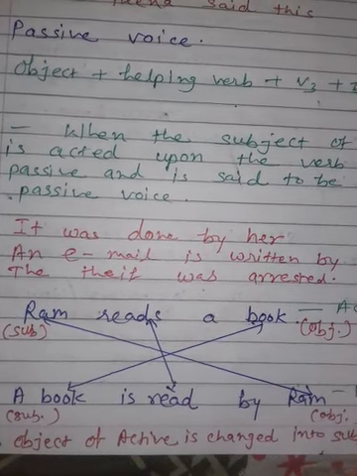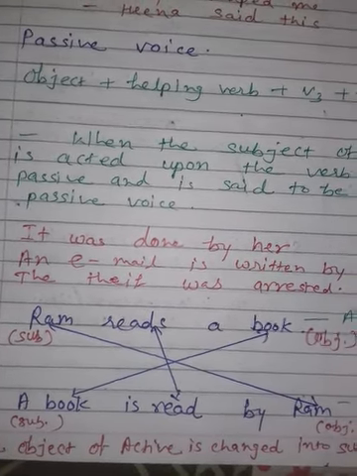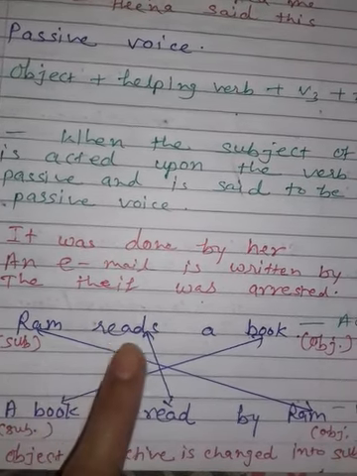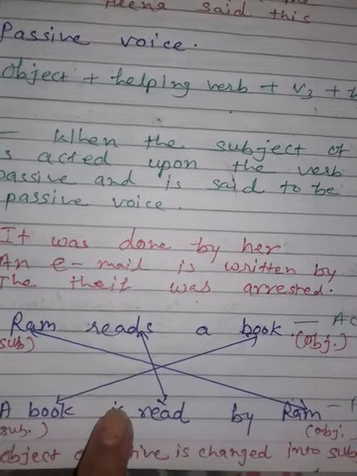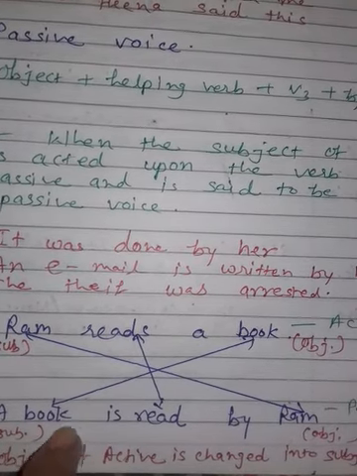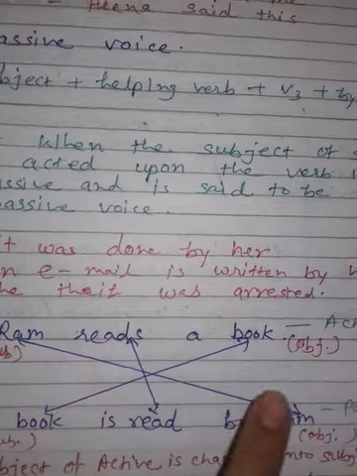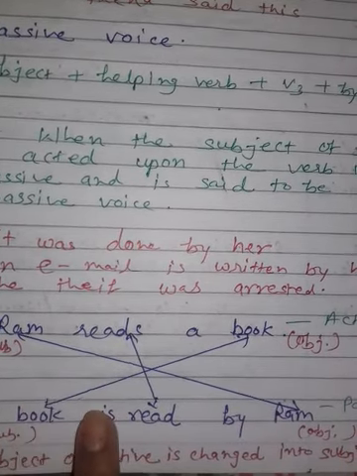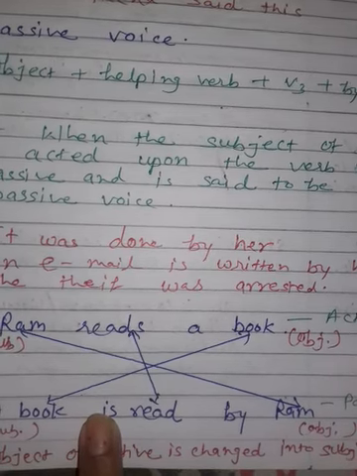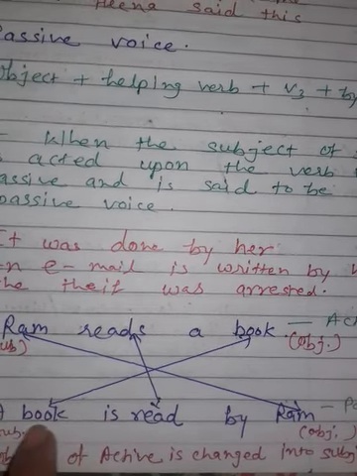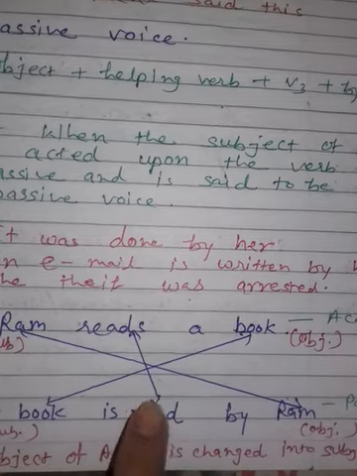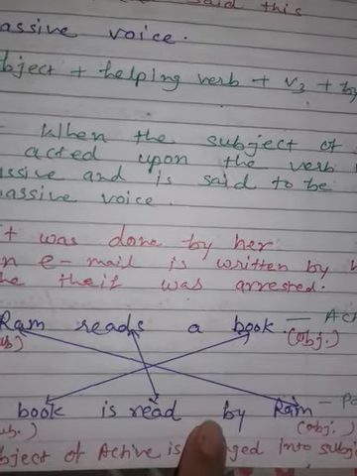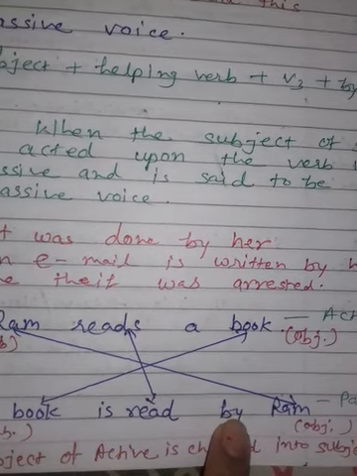A helping verb is used because it is simple present tense. When we change into passive voice, we add a helping verb on the basis of the subject, always put the third form of the verb, and add by before the object.